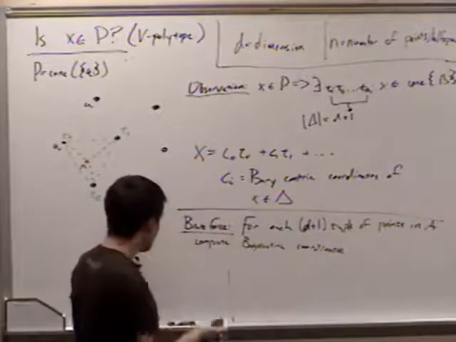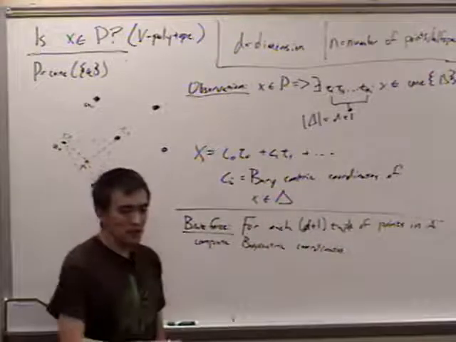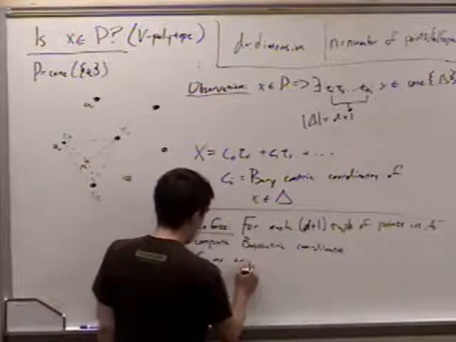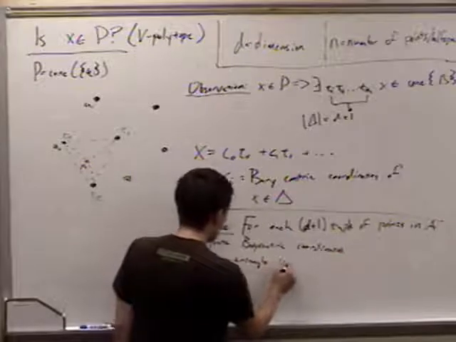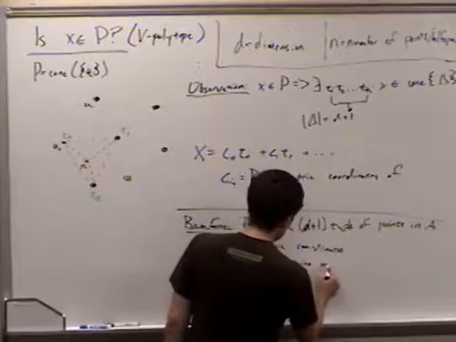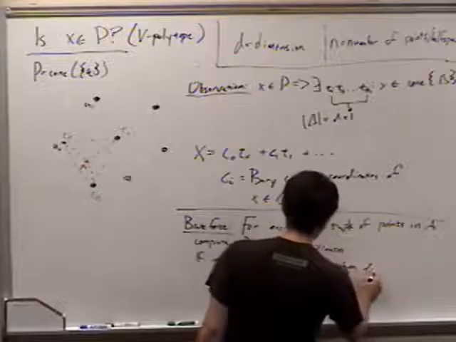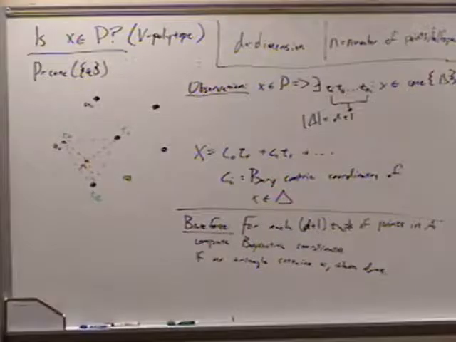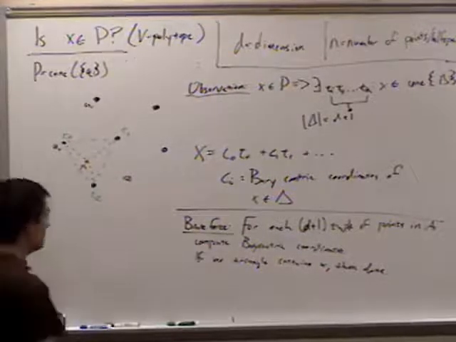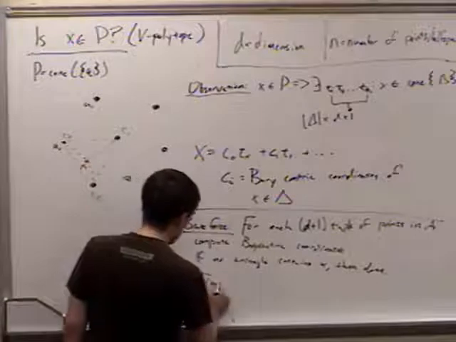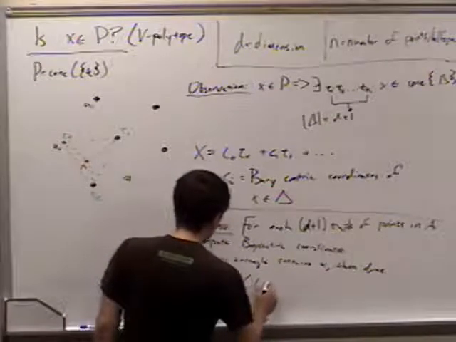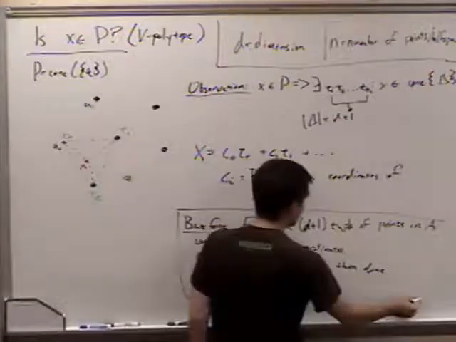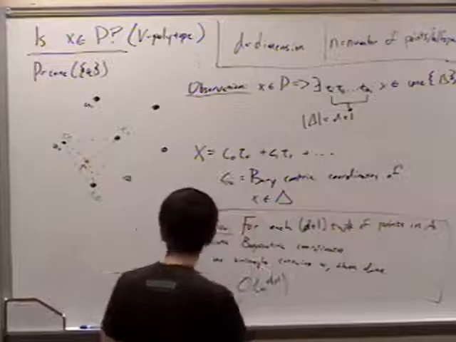And if it turns out that x is not contained in any of them, then we're done. So if no triangle contains x, then done. All right, so that's the really naive algorithm. And the time for this is going to be order n to the d plus 1. All right, so that's a starting point.